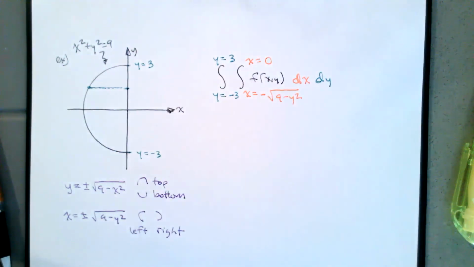So for the values of y between -3 and 3, choose the values of x between negative square root of 9 minus y squared and 0. I didn't have to exploit the plus or minus business because for this left half of the circle, x is a function of y.